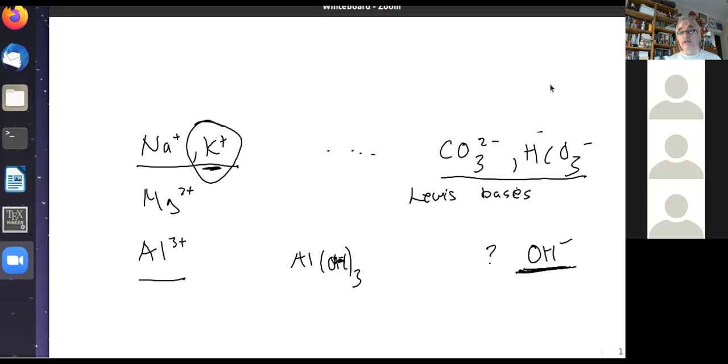Or, well, it's not due to that fact, but we model the observation that such compounds are stable with this model, that we describe it as a strong acid and a strong base agglomeration.